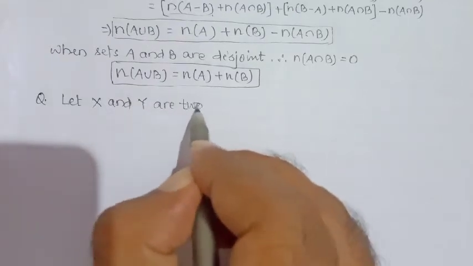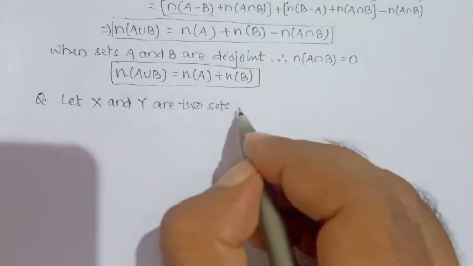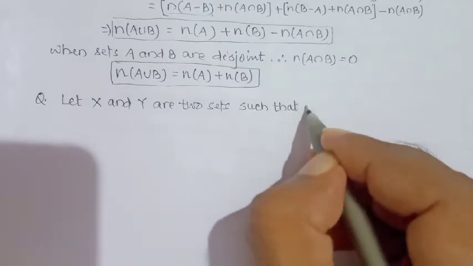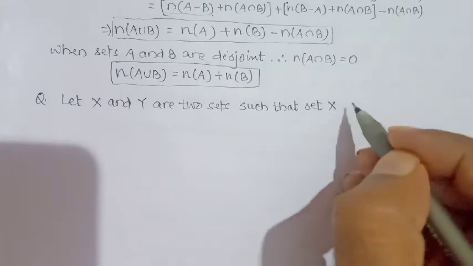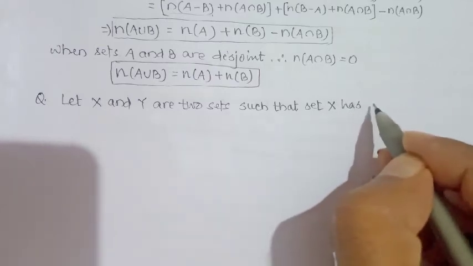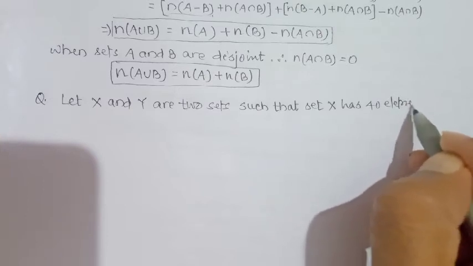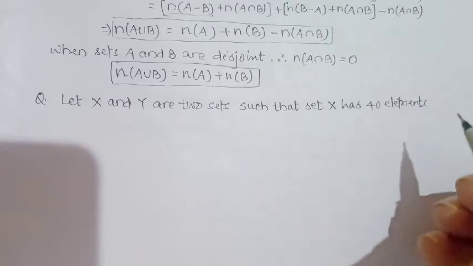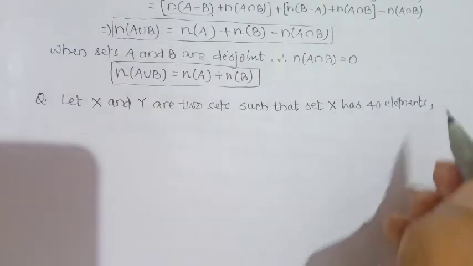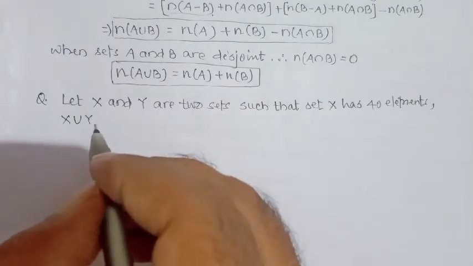Let X and Y be two sets such that set X has 40 elements, and X union Y has 60 elements.